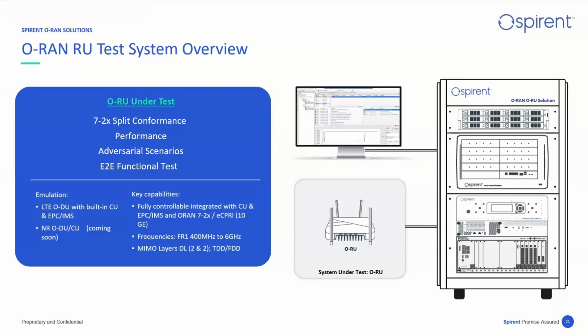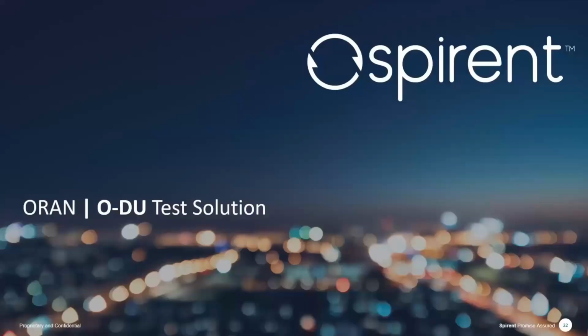And we are supporting the complete range of FR1, which is 400 megahertz to 6 gigahertz. So regardless of which region you belong to, what different bands your device supports, you will be able to test with the same solution. Now, for MIMO layers, we support as of today 2x2 on the RU side. And in roadmap, we have 4x4 capabilities supporting TDD and FDD both.